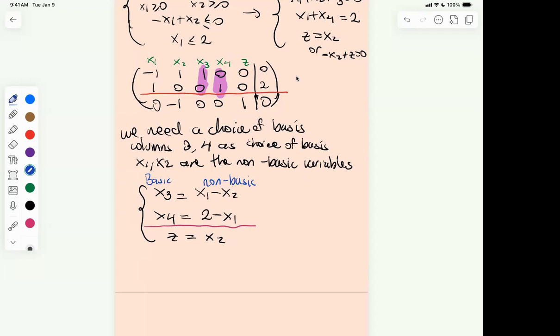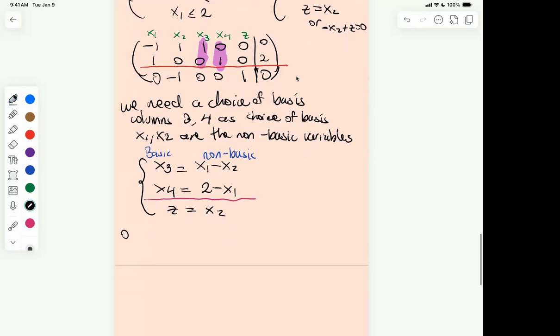So essentially what you have to do is swap x2 with x3 as the basic variable. Originally x1 and x2 are set equal to 0.